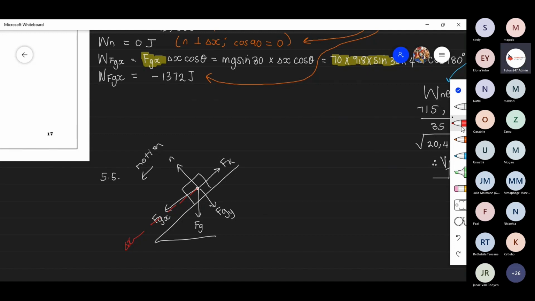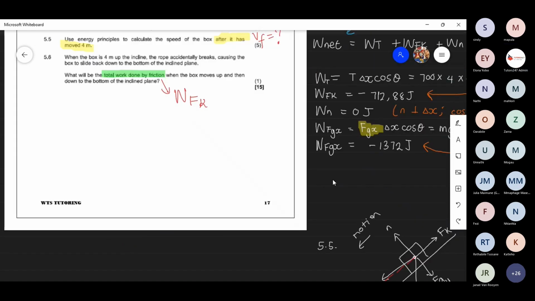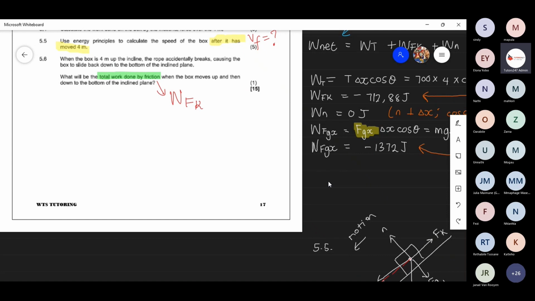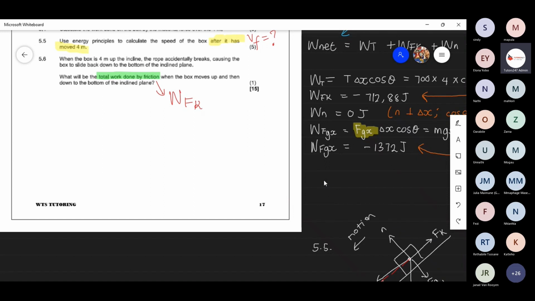Yeah, so let us go back and quickly check. What was our question again? I forgot. When the box is 4 meters up the incline, the rope accidentally breaks, causing this box to slide down to the bottom of the inclined plane. What will the total work done by friction be when the box moves up and then down to the bottom of the plane?